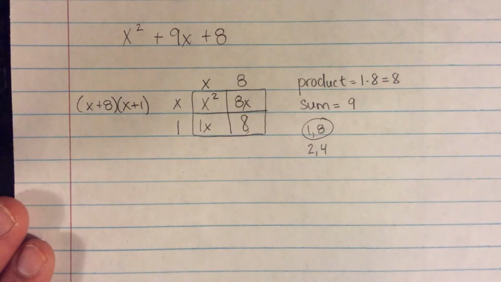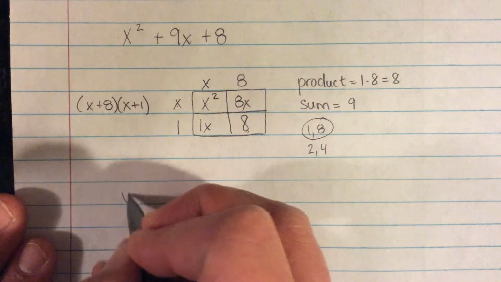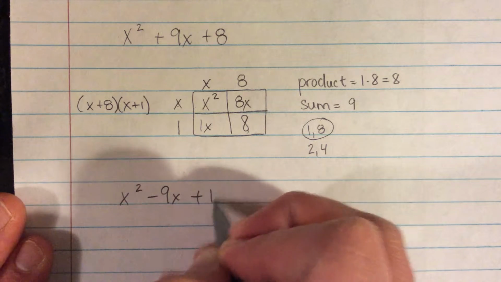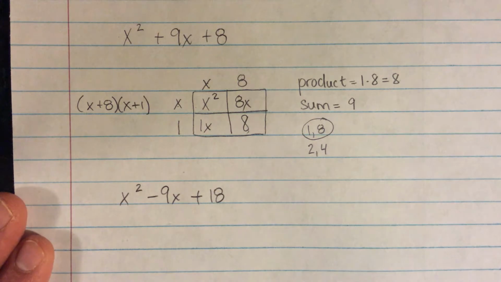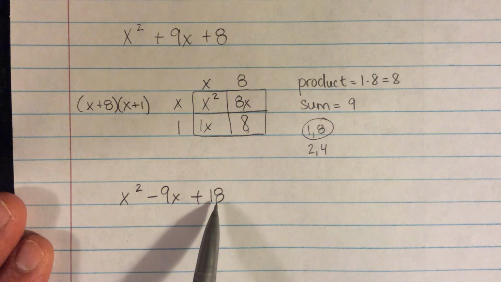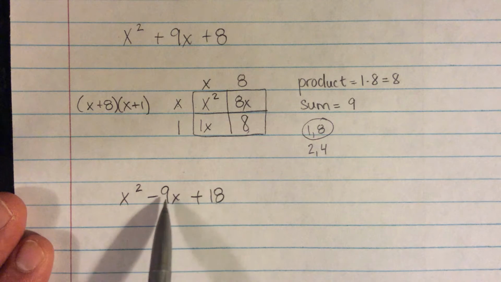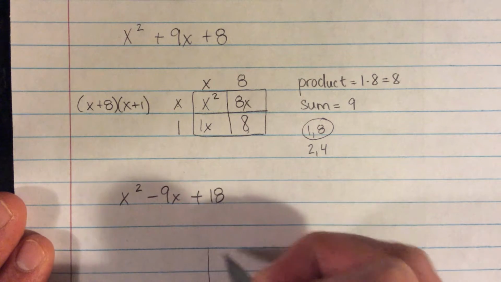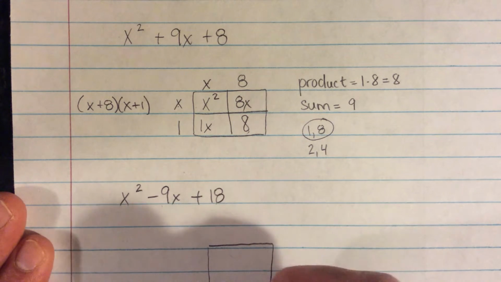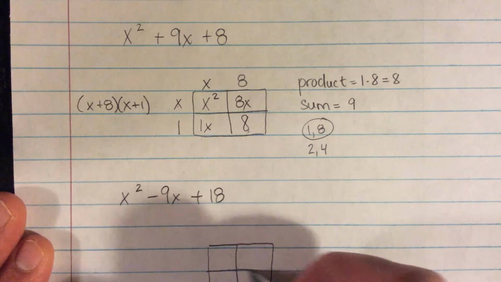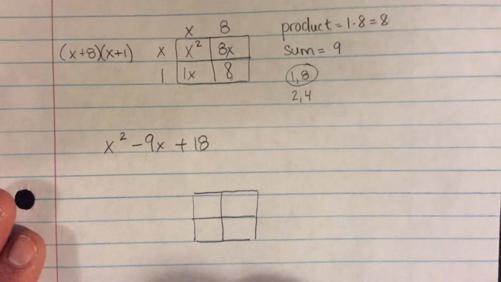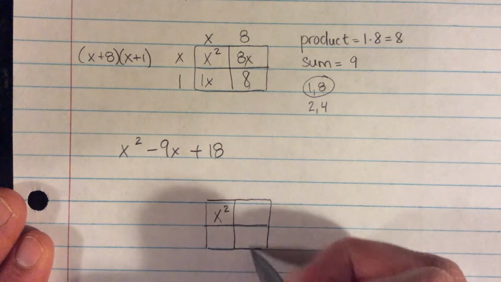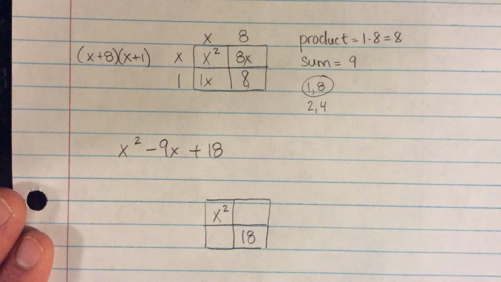In our second example, we're going to have x squared minus 9x plus 18. What you'll notice here is that our c value is positive, however our b value is negative. So we're going to set it up the same way, drawing our box with 4 equal pieces, and we're going to put x squared in the top left, 18 in the bottom right.